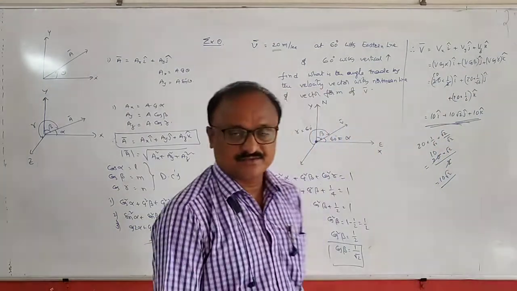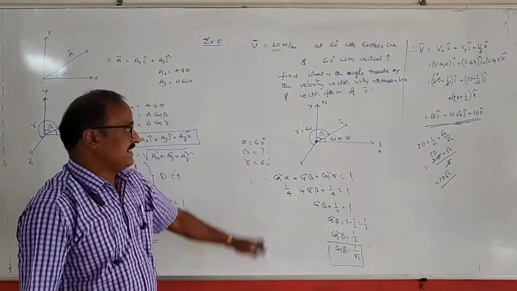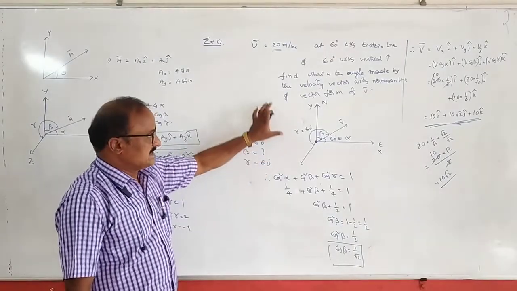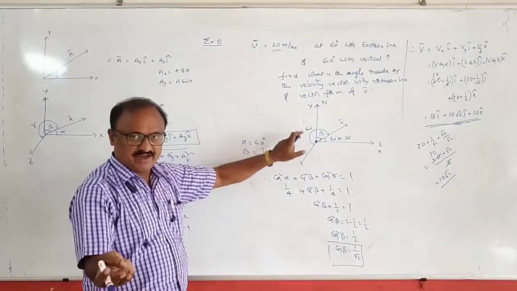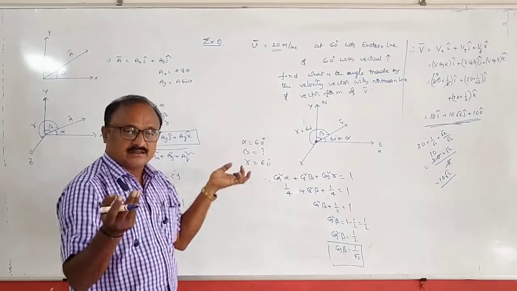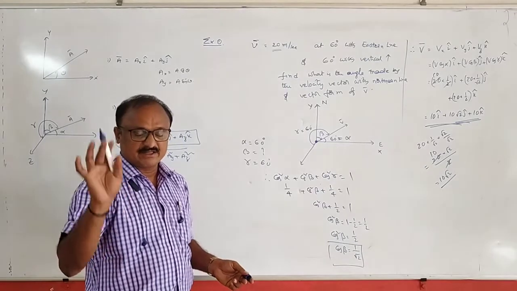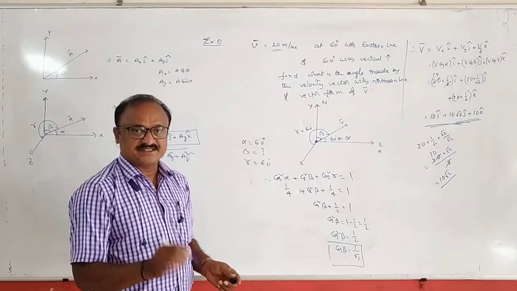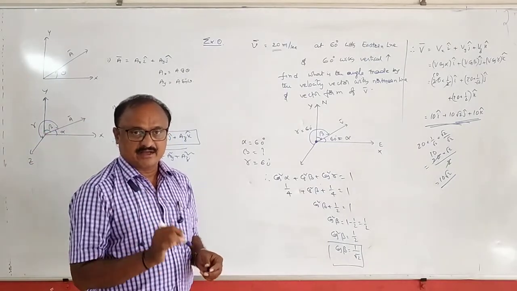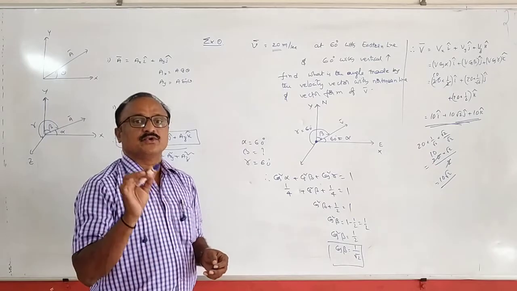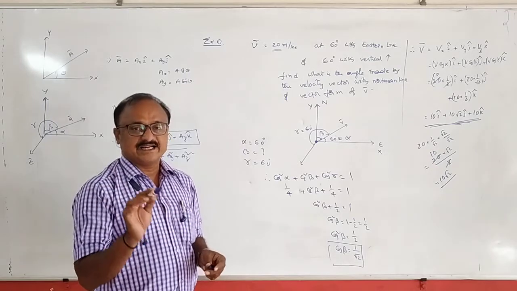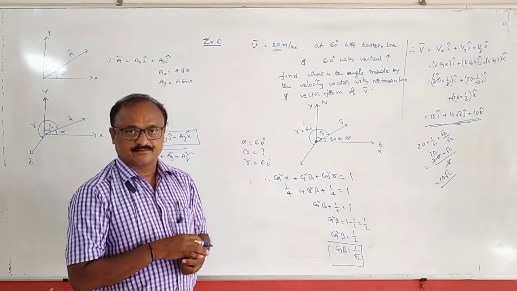Okay, my dear friends, do you understand? This is a very important problem. In a space system, it is compulsory to know the values of alpha, beta and gamma. Then the vector can be written as Vx i cap plus Vy j cap plus Vz k cap, where Vx is V cos alpha, Vy is V cos beta, Vz is V cos gamma.